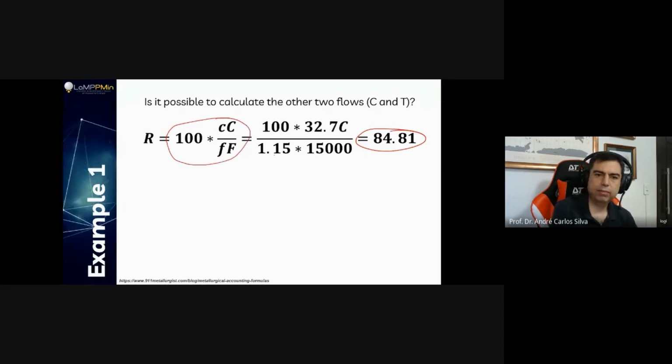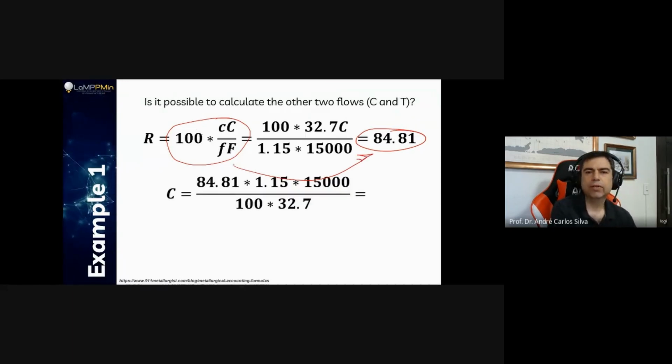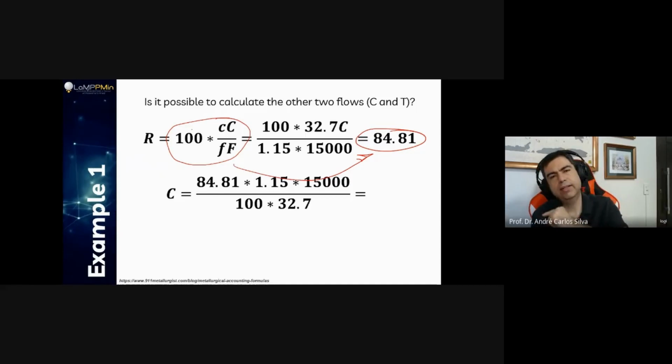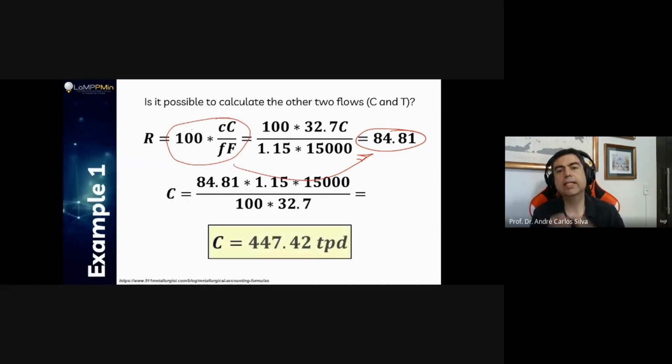So if I combine this one with this number over here, I can come up with the concentrate. Okay, so again, if I have the recovery and one of the flows, I can automatically calculate the other two. And it's easy to do this. Okay, but I have to calculate the recovery first. Okay, just go for the recovery.